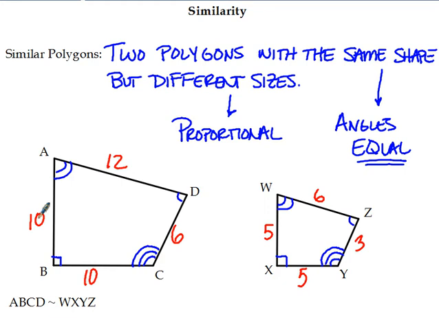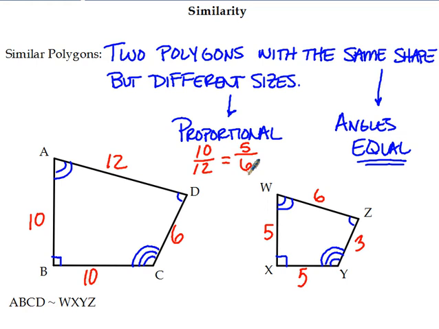Now, proportional means that if I take any proportion from this figure and this figure, they're going to be equal to each other. What I mean by that is, let's say I make a proportion here of 10 over 12. So we're doing the left side to the top. If I look at this one, left side to the top, that would be 5 over 6.